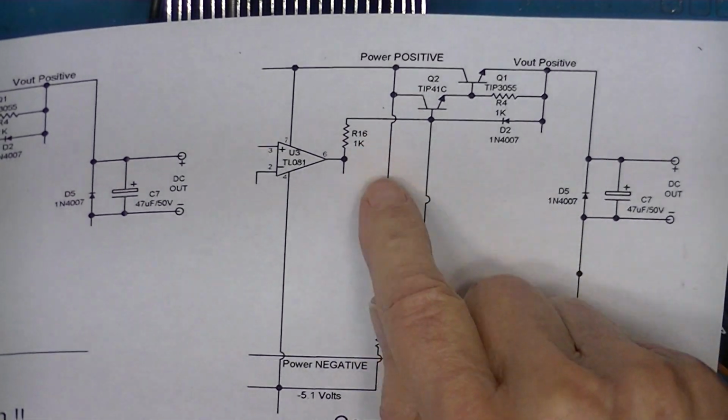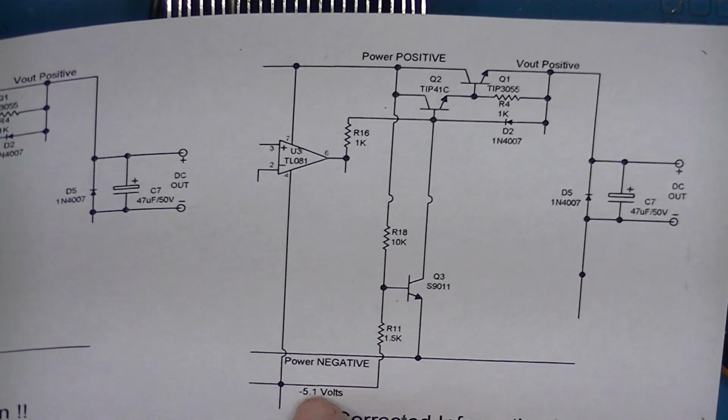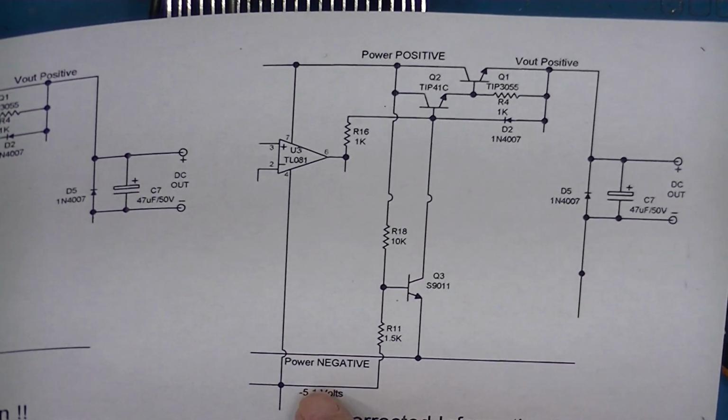So this does nothing if the minus 5 volt rail is in existence.